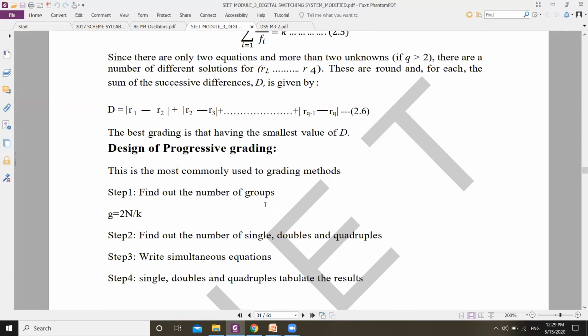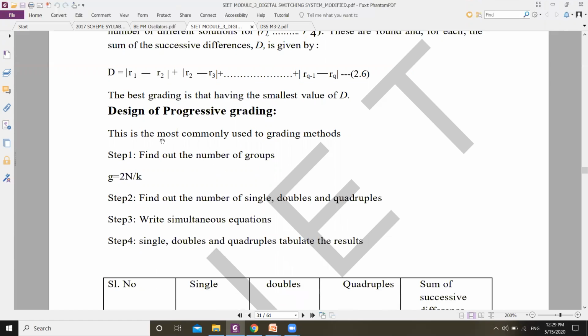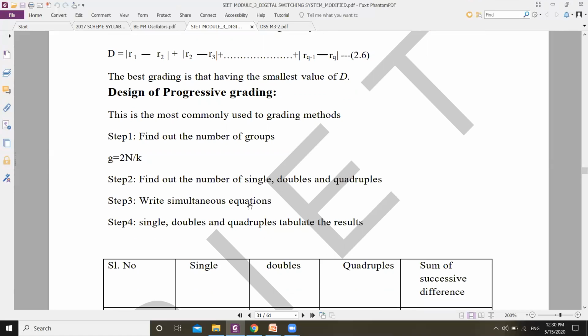Now, we shall summarize this design of progressive grading. This is the most commonly used grading method. Step number 1 is to find out the number of groups. You have to first find out the number of groups G by making use of the number of trunks and availability. With this, you calculate the G value. Step number 2 is to find out the number of singles, doubles and quadruples required for your design.